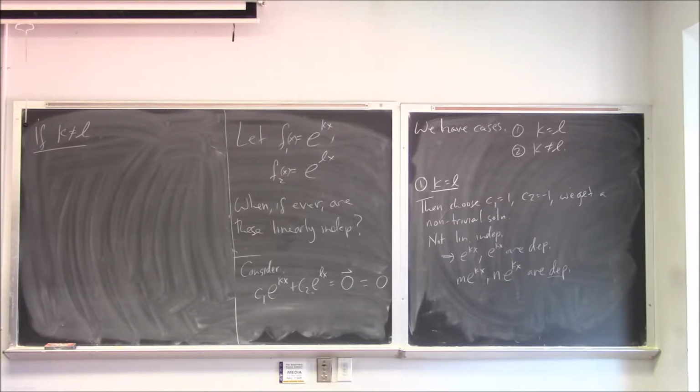Can you just tell straight away that one is not a scalar multiple of the other? How? Just visually, I don't know.